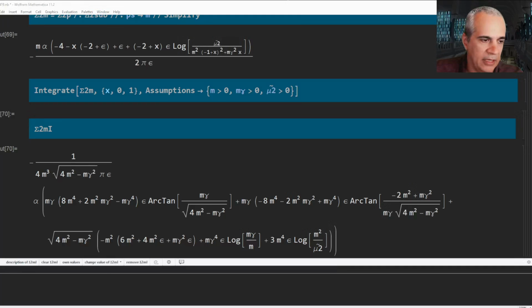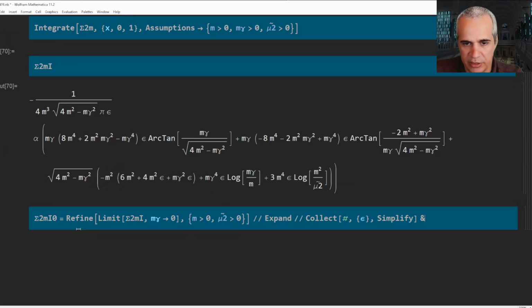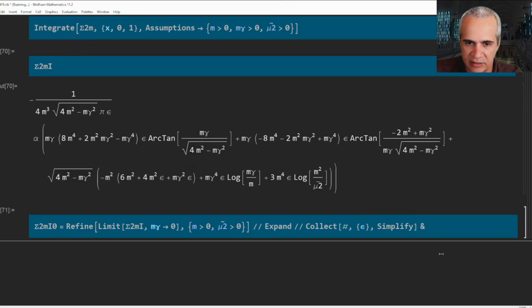In this case, this part should behave well. There's no infrared divergence here. So I just take the limit of m gamma going to 0 instead of the series, and then refine just to simplify the expression. It should be okay. And then the expand and collecting here is just to express this in a simple form.